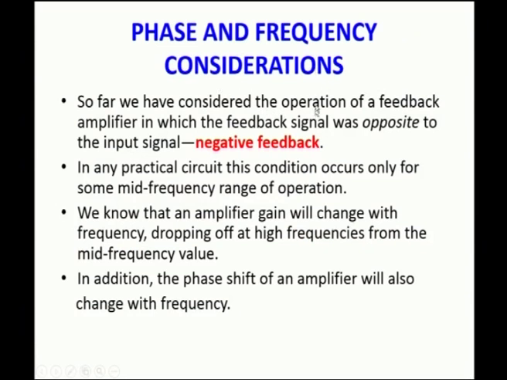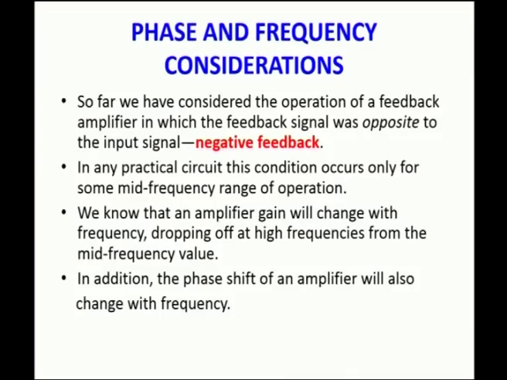The next topic is phase and frequency considerations. For an amplifier, the feedback may be a negative feedback or a positive feedback. If it is a negative feedback, then the feedback signal will reduce the input and finally the output and finally the gain. If it is a positive feedback, then the feedback signal aids the input signal.